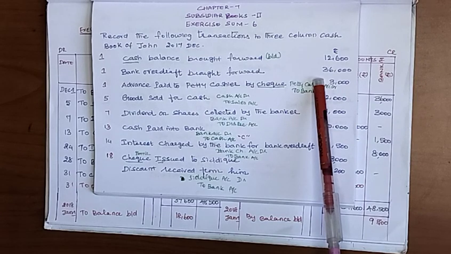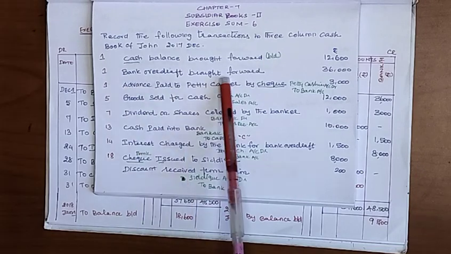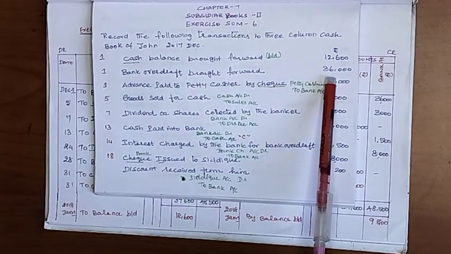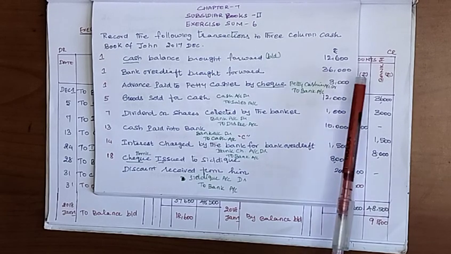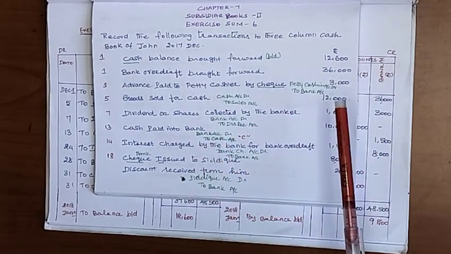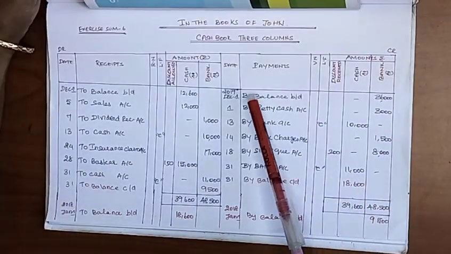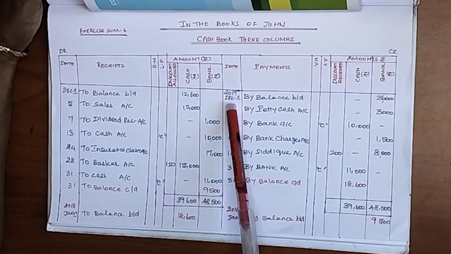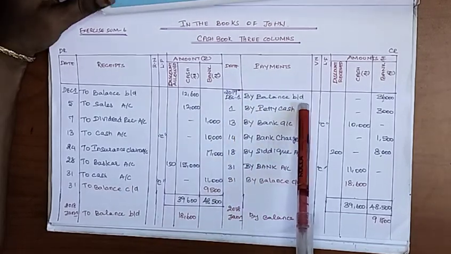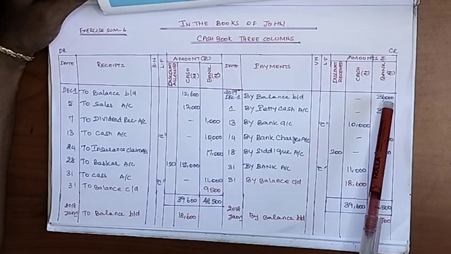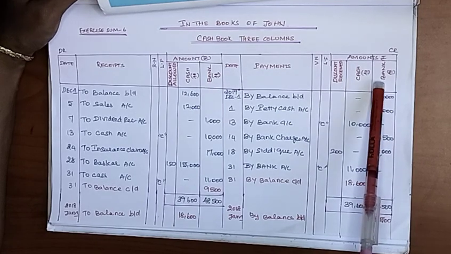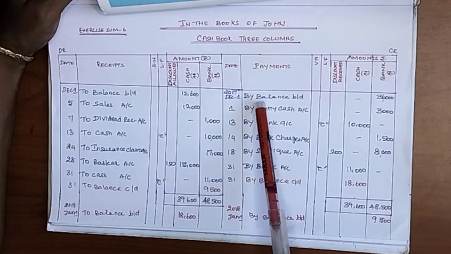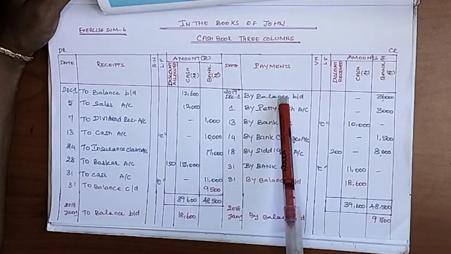In the same way, we have bank overdraft brought forward 36,000, so we have to enter this transaction on the credit side, bank column. 2017 December 1, by balance brought down 36,000 we enter in the bank column, credit side. This means we have a bank overdraft.